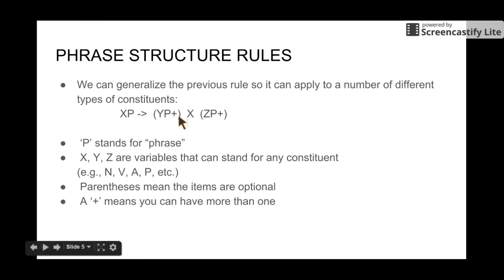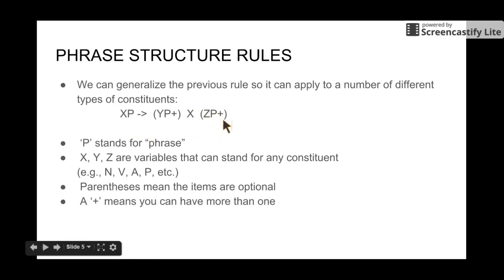And we have some notation here. Also X, Y, Z are just variables. They can stand for any constituent. It could be an N or V or adjective or prepositional phrase. And we use parentheses to show optionality. So when we put YP inside parentheses in this phrase structure rule, it means that YP is an optional element to derive an XP.